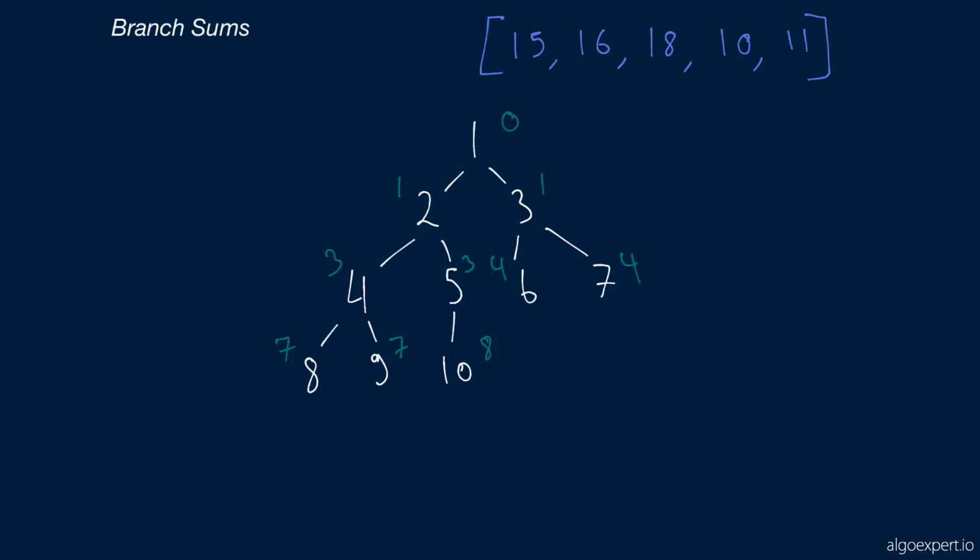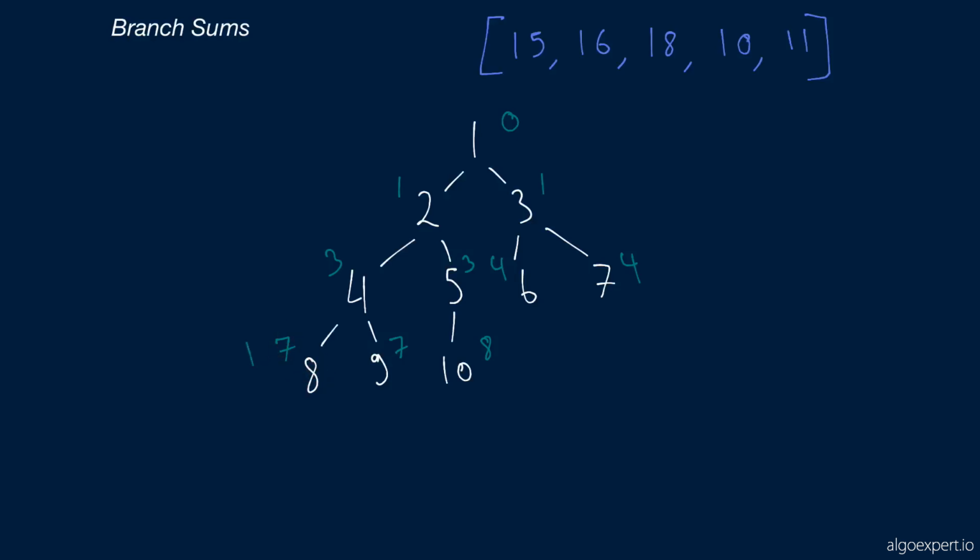But okay, now we are at the leaf nodes. What do we do at the leaf nodes? Well, we are at the 8, and we can say, hey, we have neither a left node nor a right node. So we know that we are a leaf node. So in that case, we are going to once again sum up the current value and the running sum.